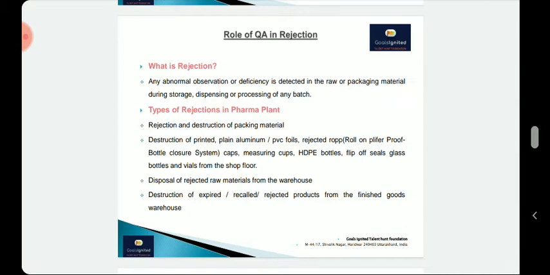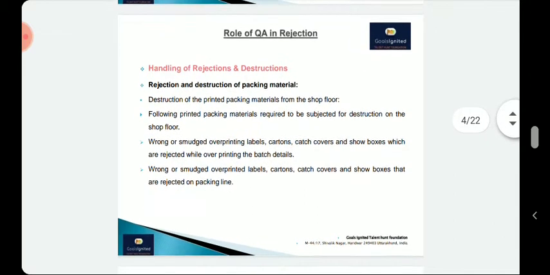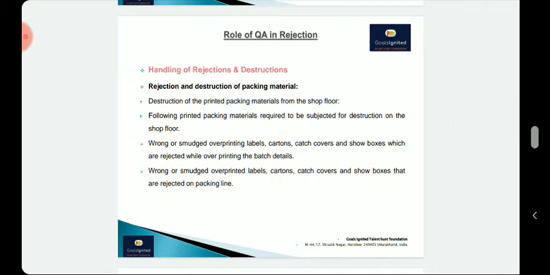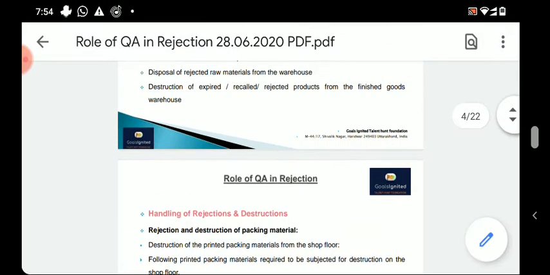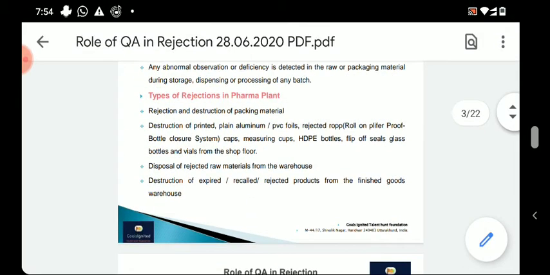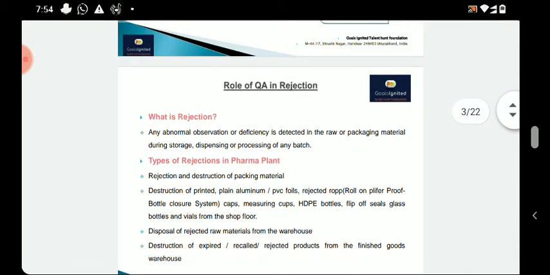So the types of rejections in the pharma plant are rejections and destruction of the packing material, destruction of the printed plain aluminum PVC foils, rejected ROPP caps, measuring cups, HDPE bottles, flip-off seals, glass bottles and vials from the shop floor.